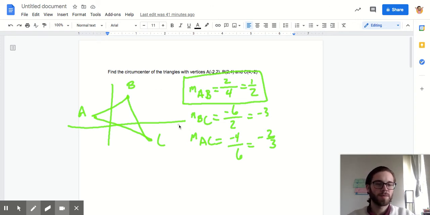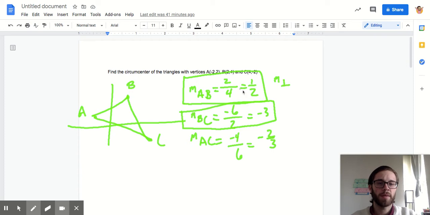Okay, so we have the slopes. So now I'll need the perpendicular slopes. And again, I'm going to choose these two, so I don't really care about anything other than these. All right, so the perpendicular of this one is going to be negative 2. And the perpendicular of this one is going to be 1/3. All right, so we have negative 2 and 1/3.